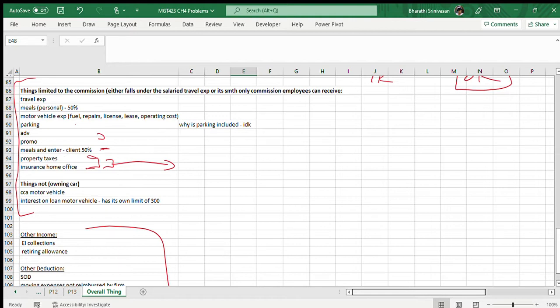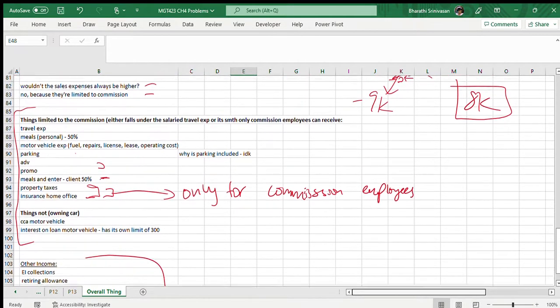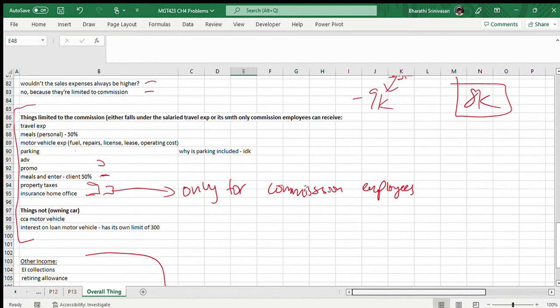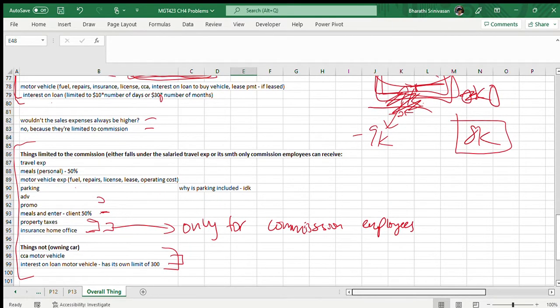But yeah, so only for commission employees. Now, one thing that's not limited to the commission is if you have to pay CCA on the vehicle or interest on the vehicle, because these things have their own limit. I don't really know why they're not limited, but one way to remember which things are limited to the commission.